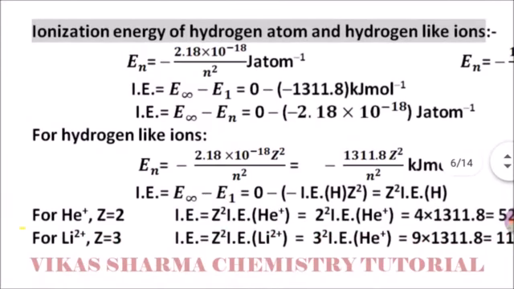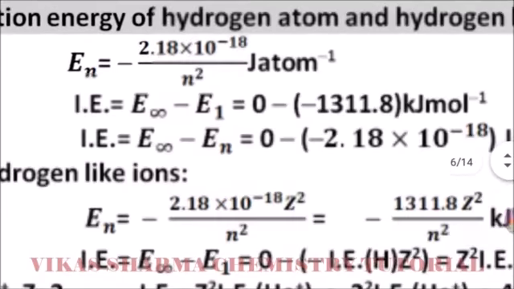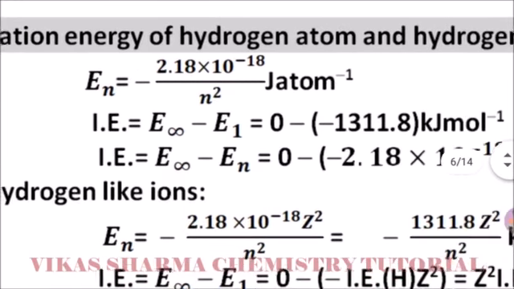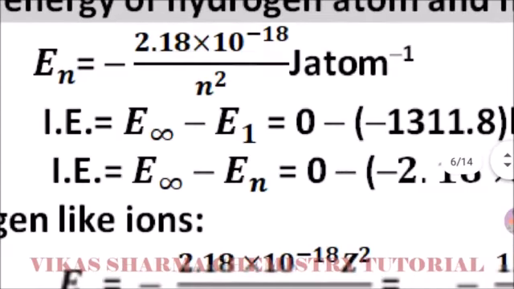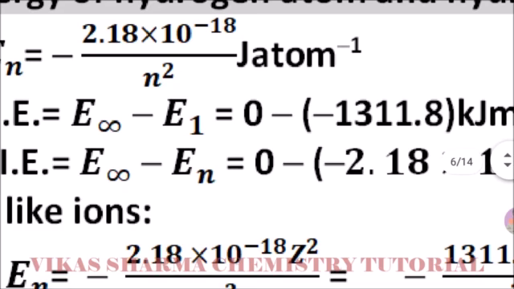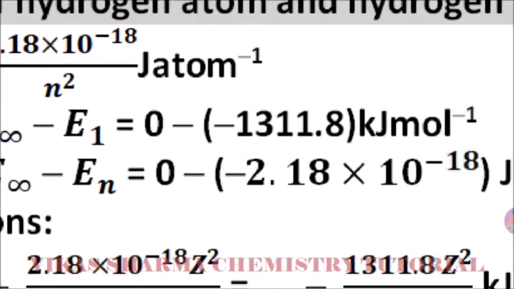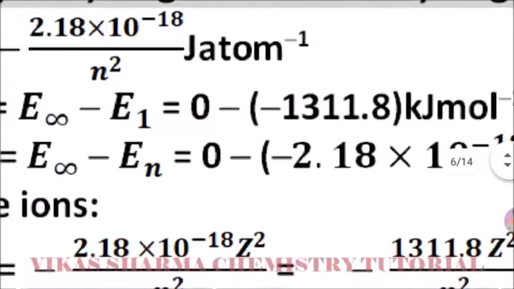So ionization energy is equal to E infinity minus E1. This sign belongs to infinity. E infinity is the value of energy at infinity, minus E1. We don't calculate the infinite energy, so we put the value 0. So 0 minus 1311.8 kilojoule per mole.